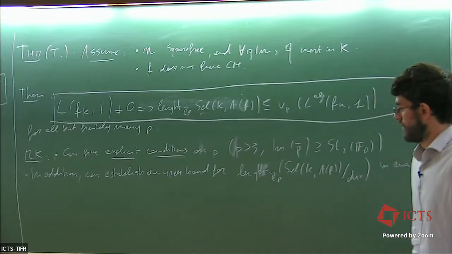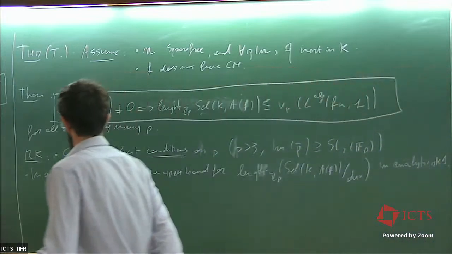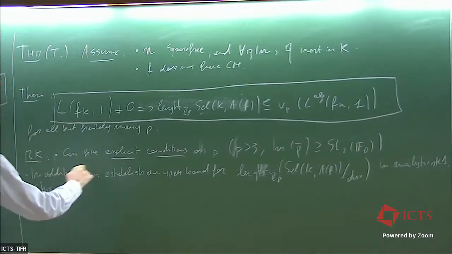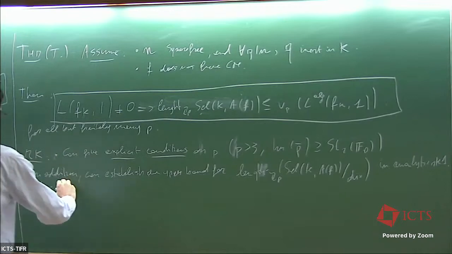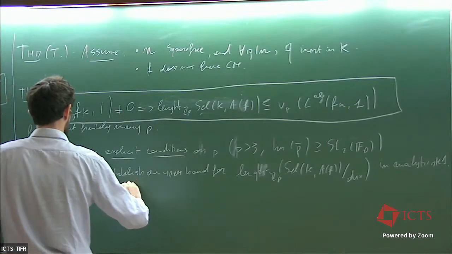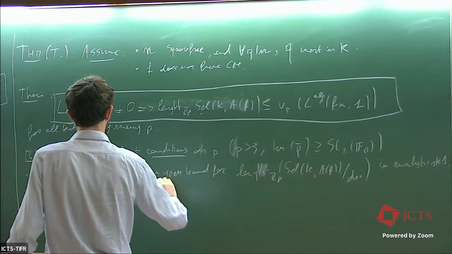Okay, and I will not have time to discuss this, but maybe one interesting point is how you do it. You actually reduce the rank 1 case to the rank 0 statement, which is a kind of interesting phenomenon.